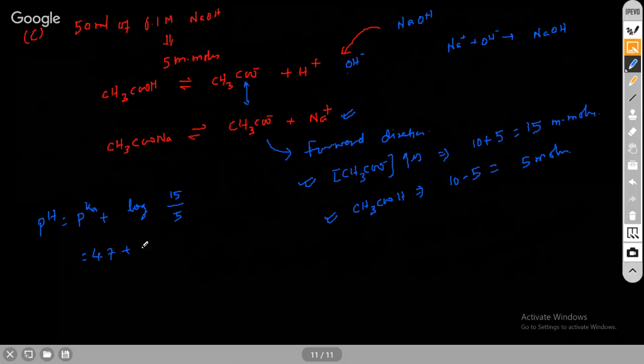So 4.7 plus log 3, that will be your answer here. 4.7 plus 0.47 or 0.48, whatever you take, that is the answer we'll get here. Understood?